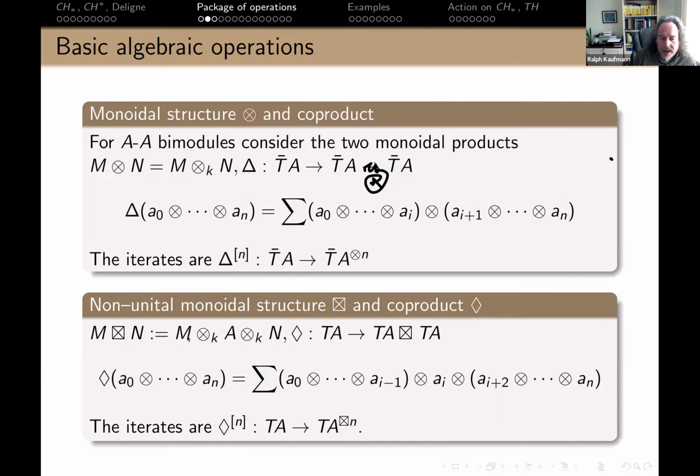And now what's interesting is for these operations, there is another tensor product which you could use for A modules, A bimodules. You can just put an A in the middle. Now that sounds a little strange, but there is a nice deconcatenation product which goes from A to TA tensor TA. And I call that lozenge or diamond. And what it does is it goes up to A i minus 1.